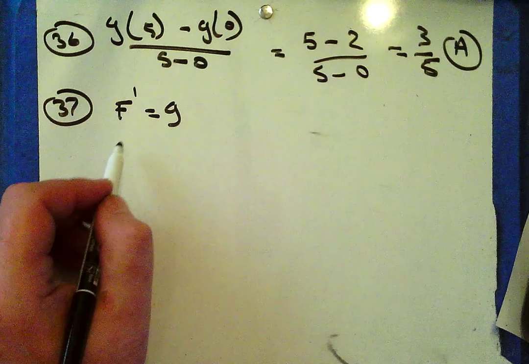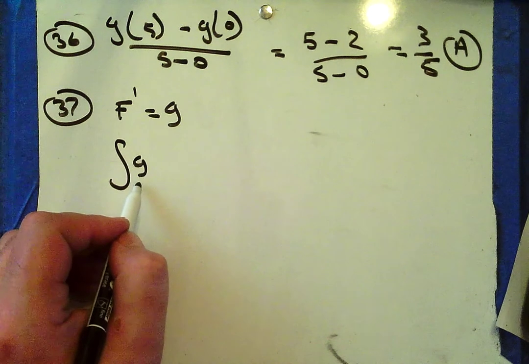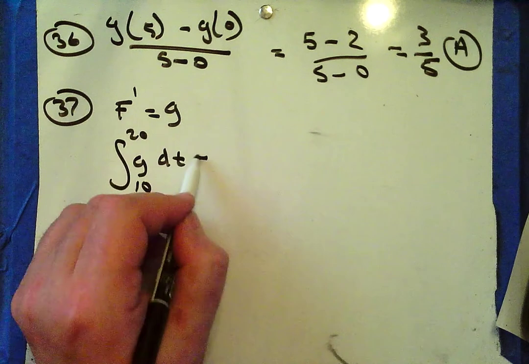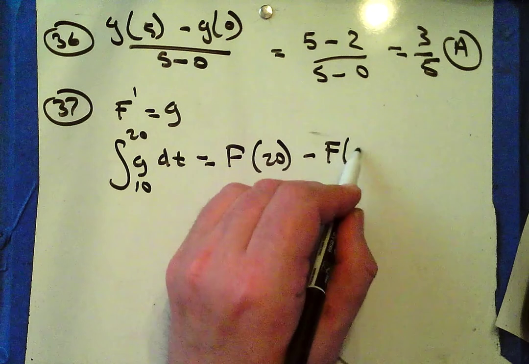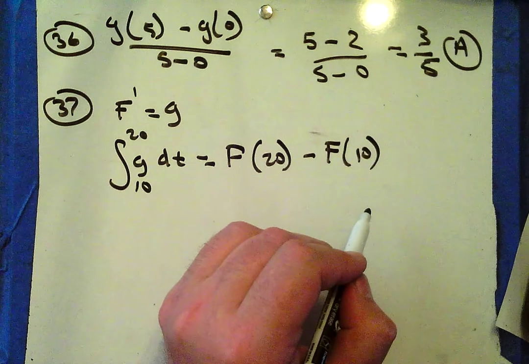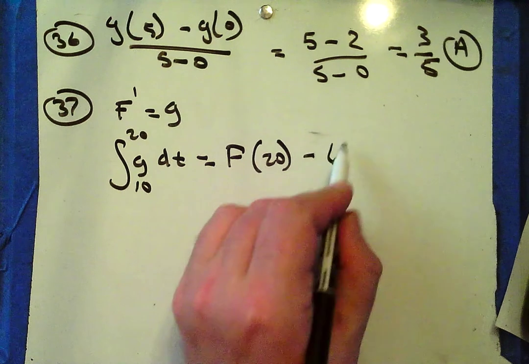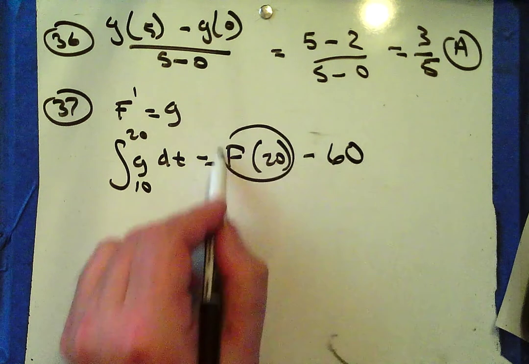Then if I integrate g from 10 to 20, that's going to be big F of 20 minus big F of 10. I know at time 10, the height is 60. And I'm looking for this.